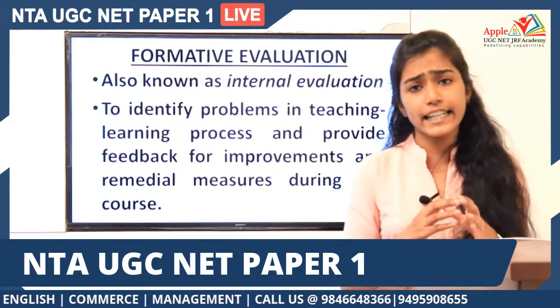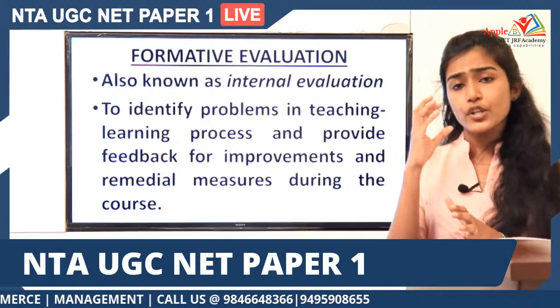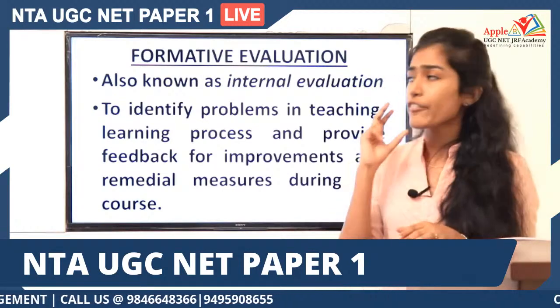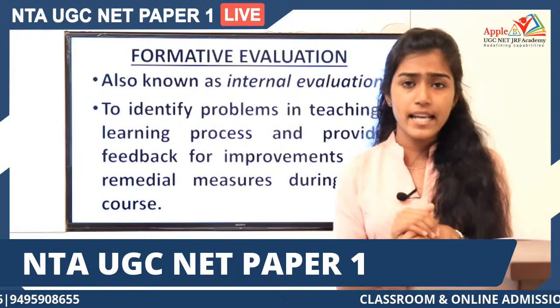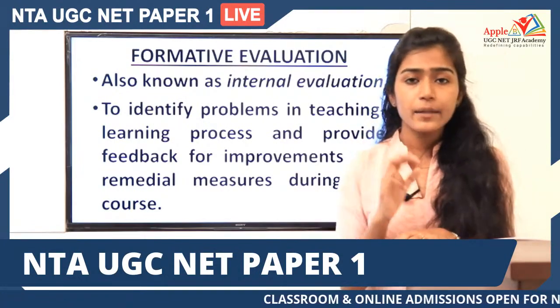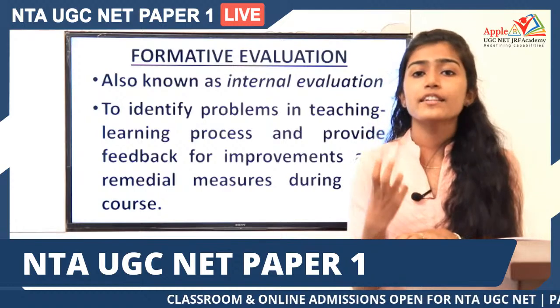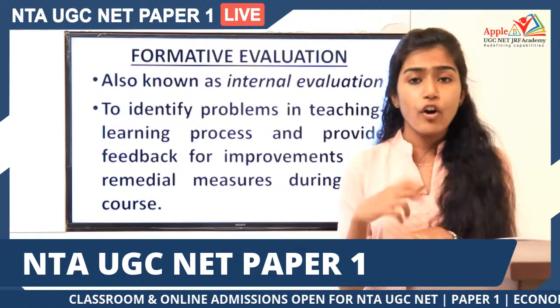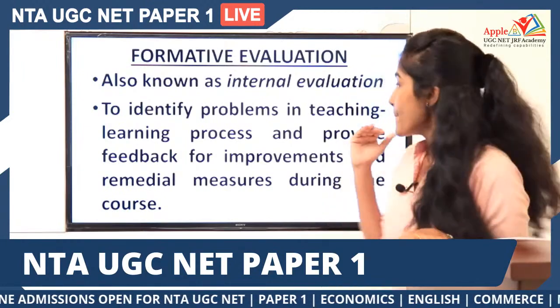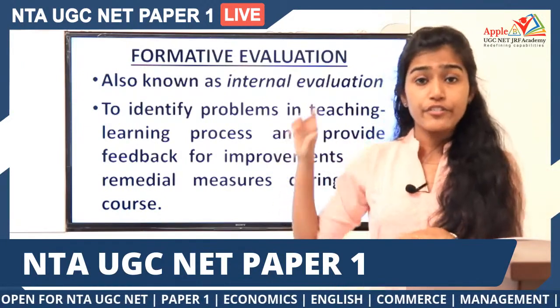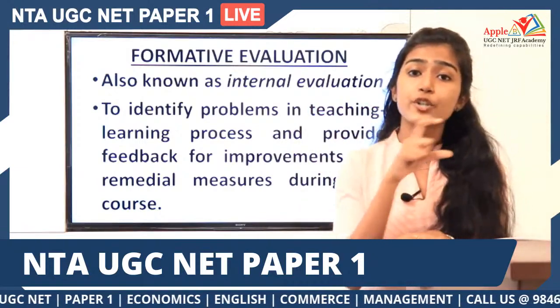So what is happening in a formative evaluation? In formative evaluation, we will be trying to figure out the various problems that are affecting the teaching learning process, and we will be giving the necessary feedback for further improvement, and also we will be suggesting remedial measures during the course. So formative evaluation happens during the course.